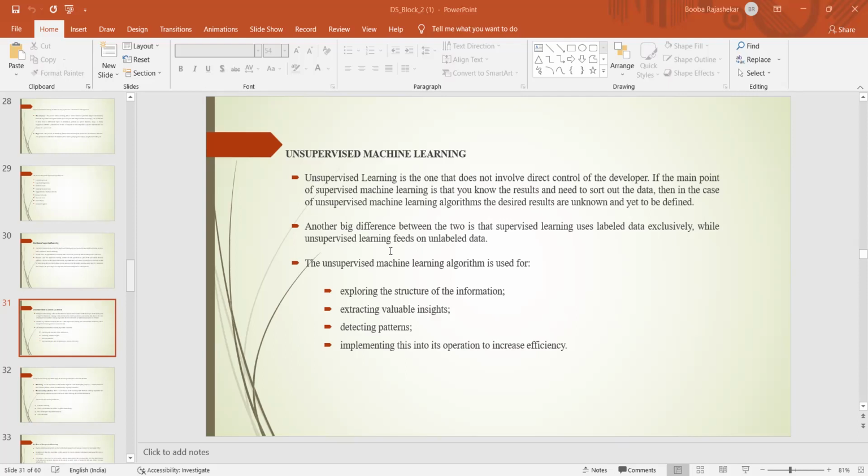Another big difference between the two is that supervised learning uses labeled data exclusively, while unsupervised learning feeds on unlabeled data. The unsupervised machine learning algorithm explores the structure of the information, extracts valuable insights, detects patterns, and implements this into operations to increase efficiency.